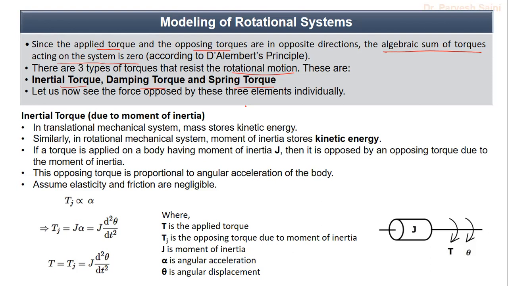Similarly, in a rotational mechanical system, the moment of inertia stores kinetic energy. So we can say that mass and moment of inertia are equivalent: mass for translational, moment of inertia for rotational, right?